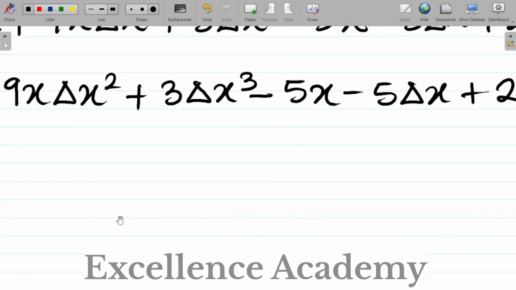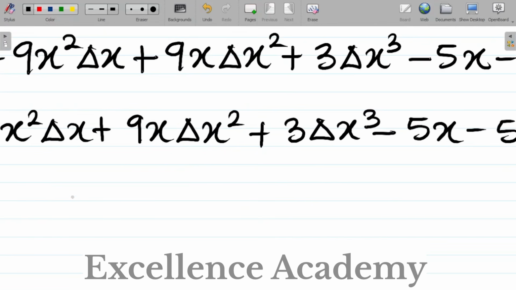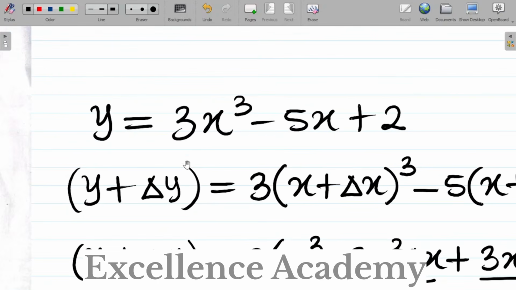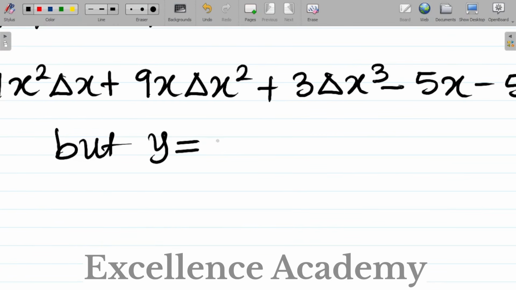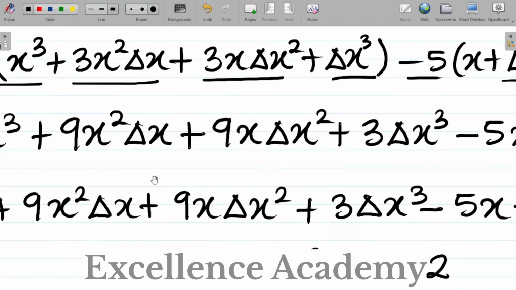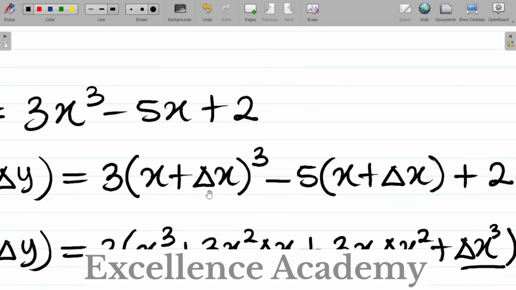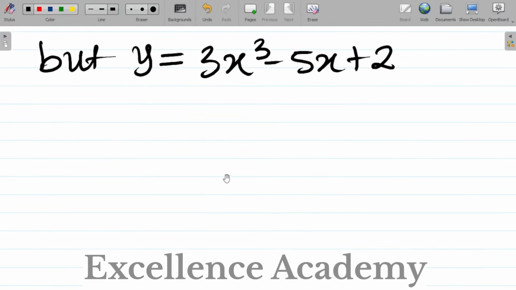Now with this, we want to replace the value of y. In the question, we're given y as being equal to 3x cubed minus 5x plus 2. Let's replace that value. Replacing that value, what do you have there?